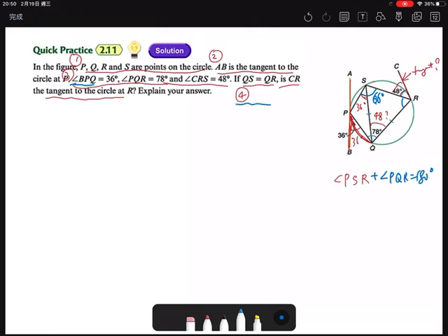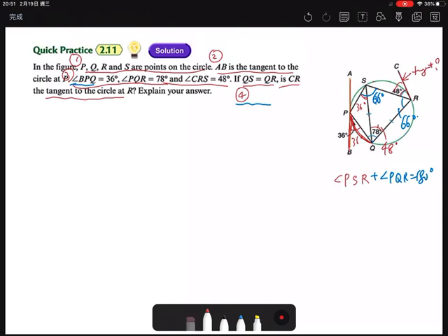Use the fourth given condition, and we know this is also 66 degrees. Using angle sum of triangle, we can find that angle SQR is really 48 degrees. So we can prove that CR is the tangent to the circle.